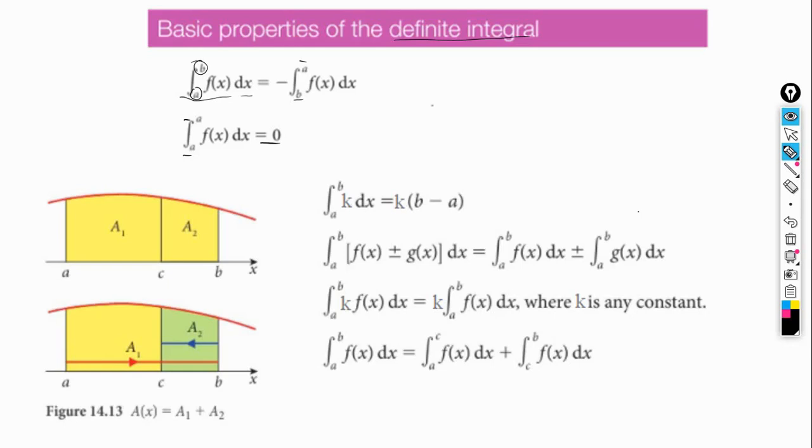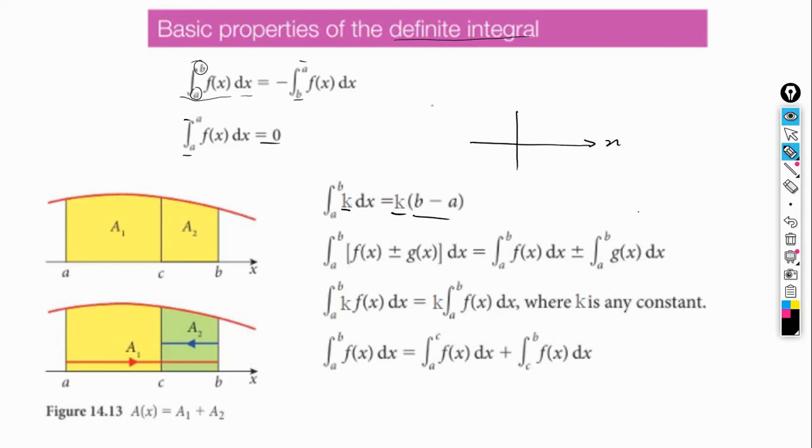Next, we have the case where if you have the integral of any constant k from a to b, that is simply going to be k times (b minus a). We can see this graphically in a very easy manner.